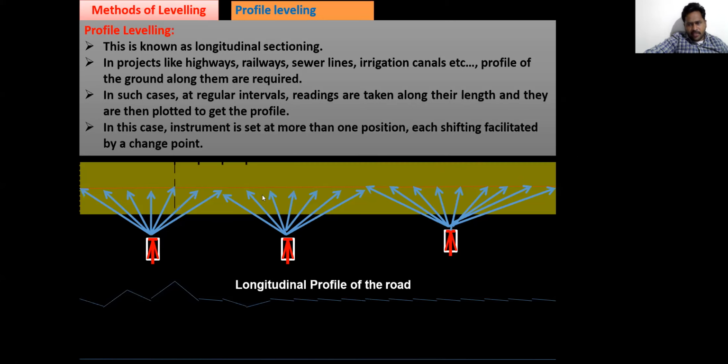So we'll continuously take observations at some particular interval. After noting all the elevations at that interval, we'll create a profile. According to that profile, we can take decisions for railways, highways and sewer lines.